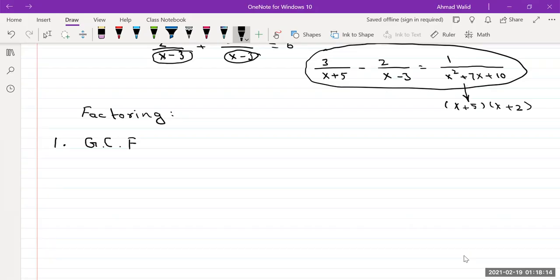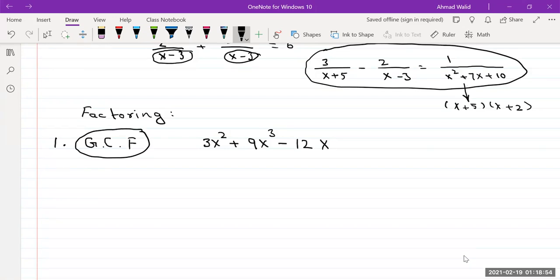For example, if someone gives me 3x squared plus 9x cubed minus 12x, and they're asking you to factor this trinomial, how would you factor this trinomial, or which way would you start to factor the given trinomial? The first type is GCF.